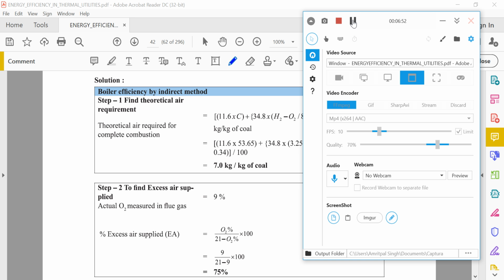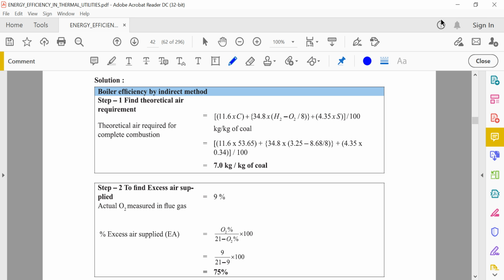Sorry, it's not air but it's oxygen. 2.67 kg of oxygen is required to burn 1 kg of coal. And to get 2.67 kg of oxygen, we need to have 11.6 kg of air. So this is how this has been derived. Similarly, all these formulas can be derived.